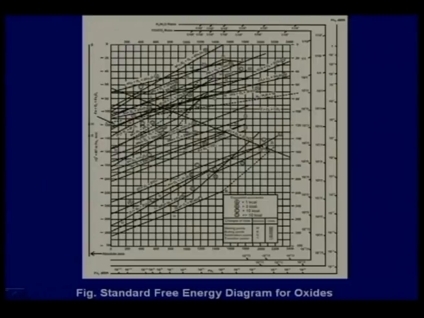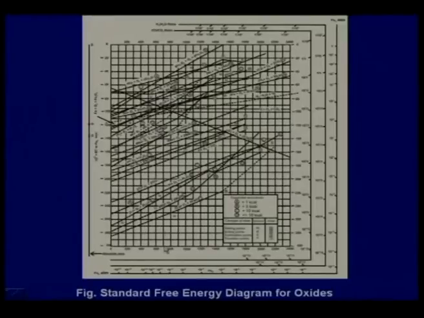Now, this of course, is a very, very important observation, and absolutely the most important thing in process metallurgy, and I will come to that in a minute. You will find there are some lines which suddenly go up, meaning they change their slope.